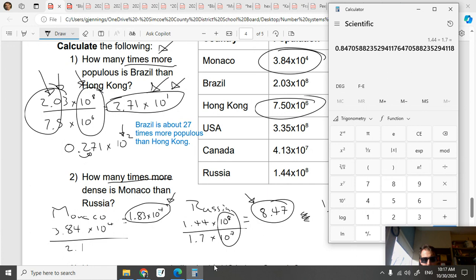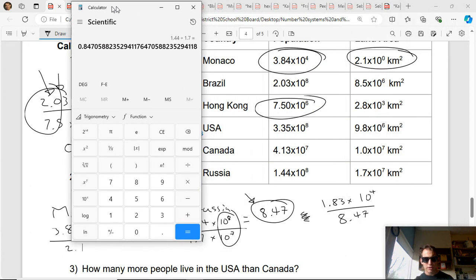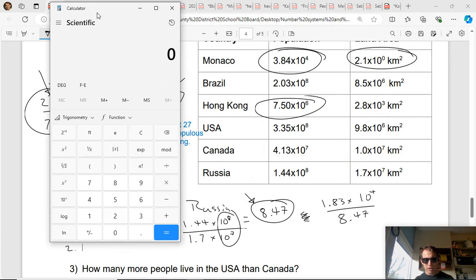Okay, 1.83 times 10 to the power 4 divided by 8.47. Oh, so it's a little over 2,000 times more dense.